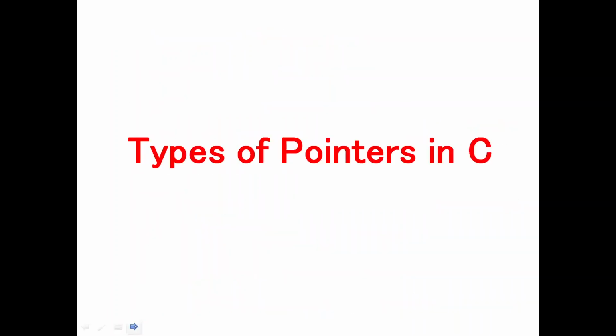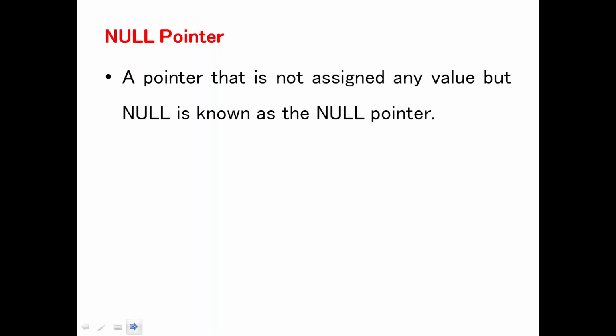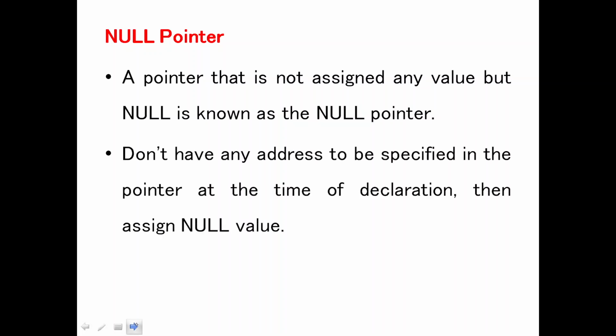Next we are going to see the types of pointer. The first one is the null pointer. A null pointer is nothing but when we create a pointer and initialize the value of the pointer as null, then the pointer is called a null pointer. At the time of declaration, if we don't have any value, we can simply initialize the pointer as null, like this: int *p = NULL. This is a macro constant.